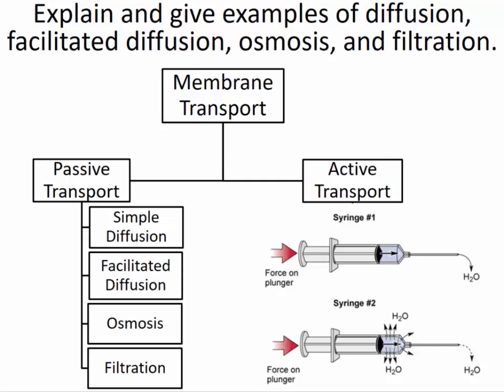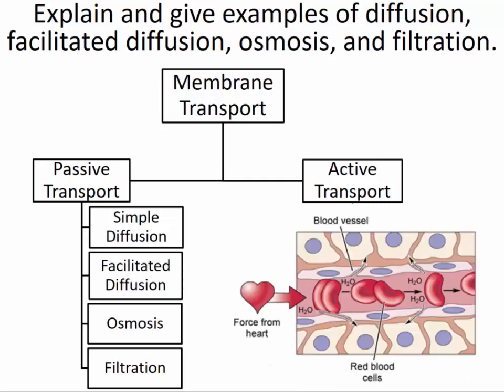The second syringe here is related to blood traveling through our capillaries. These small blood vessels, as blood passes through them, have all this force from the heart pushing the blood through those capillaries. As the blood is pushing through, there's lots of hydrostatic pressure pushing up against the wall of those capillaries.